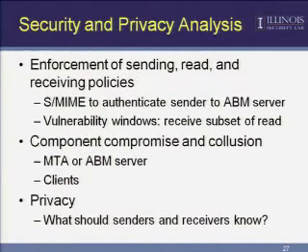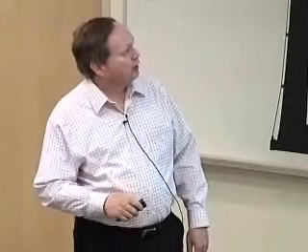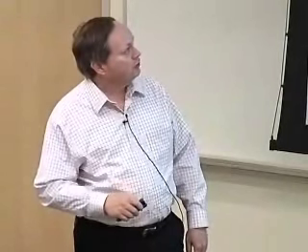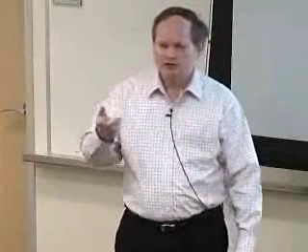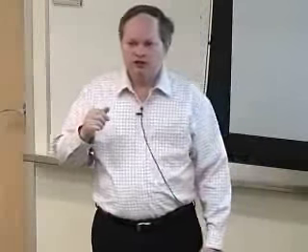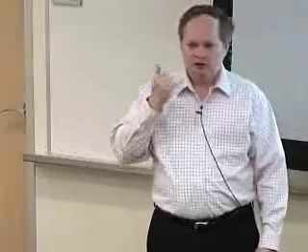All right, now let me talk a little bit about the security and privacy analysis of the system. There is a question of how you enforce these policies for sending, receiving, and reading. An important one: in the first version of this system, we had the idea that we were going to sign the ABM addresses, and then you would send something with a signed ABM address, and then it would have a timestamp on it.